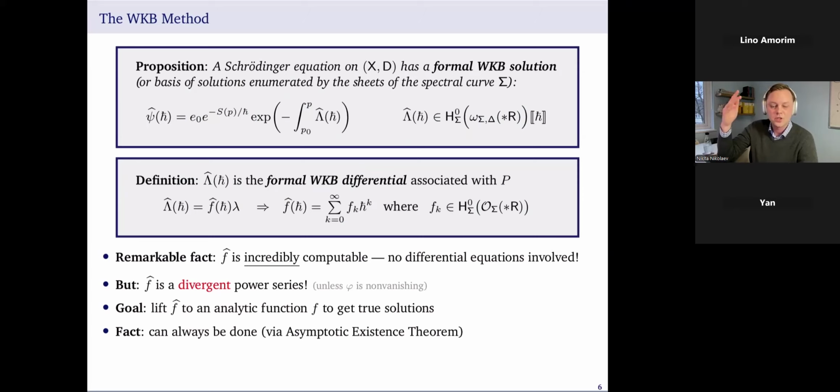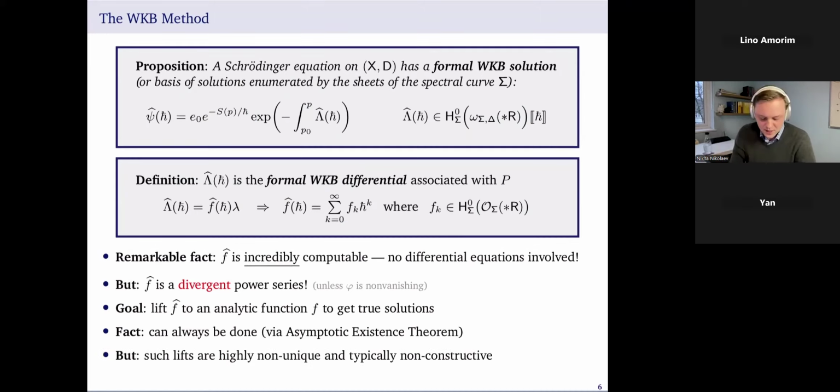And then what you need to do is write down a new equation for the correction between f tilde and what should be the lift solution to your equation. You write down that equation and you can solve it for a correction, and so you can always lift it. The problem with that approach is that these lifts are non-canonical. There's no way to make them canonical.